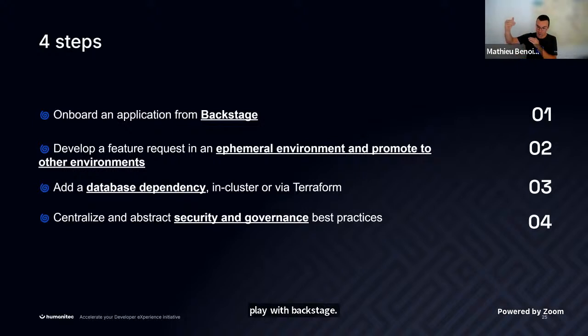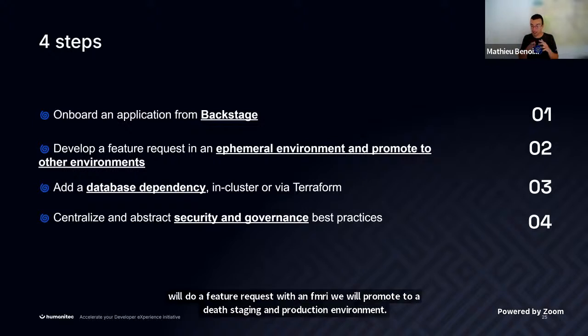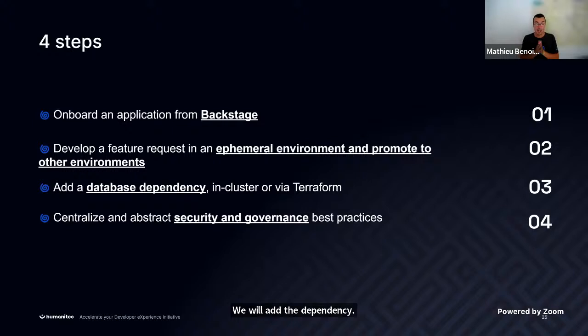We will see what Backstage will scaffold and onboard a new application. We will do a feature request with an ephemeral environment. We will promote to a dev, staging, and production environment. We will add a dependency, right, in cluster or via Terraform. And we will see how to centralize security and governance. In all of that, we will play the developer persona and the platform engineering persona.